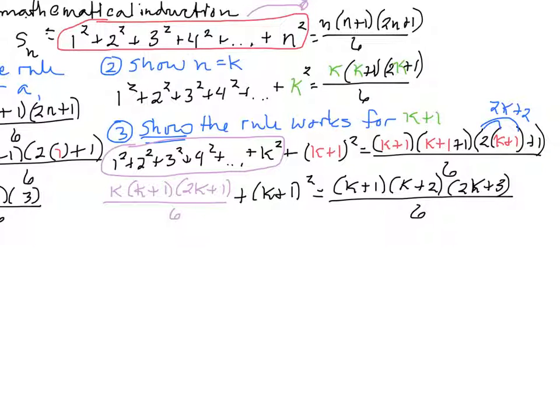So one of my first steps is going to be to multiply this by 6 and this by 6. So on the left, I'm probably going to multiply these together first, and then I'll distribute the k on my next step. So I've got k times, and if I FOIL, I've got k times 2k, which gives me 2k squared.